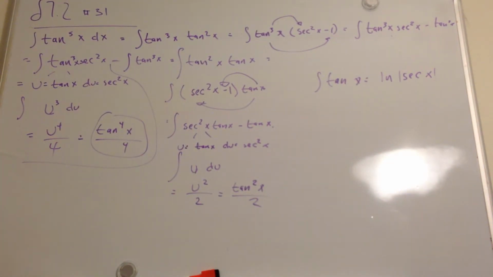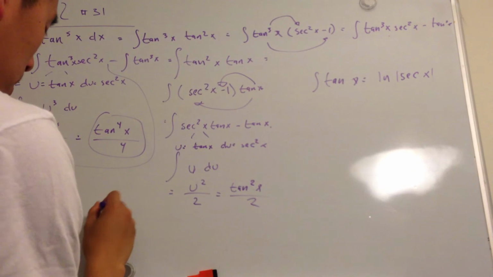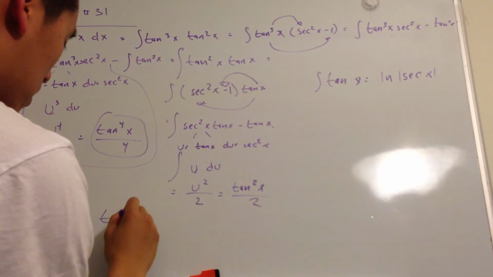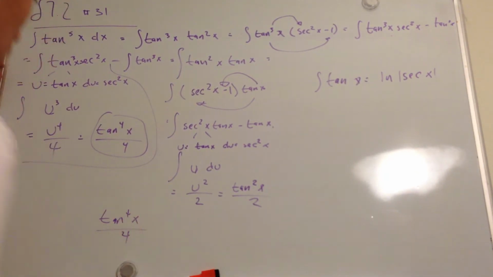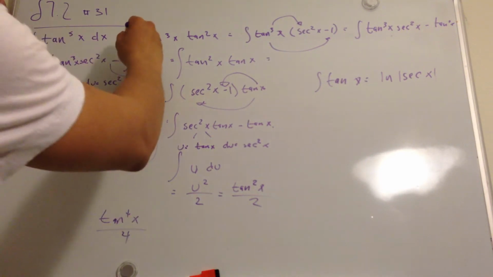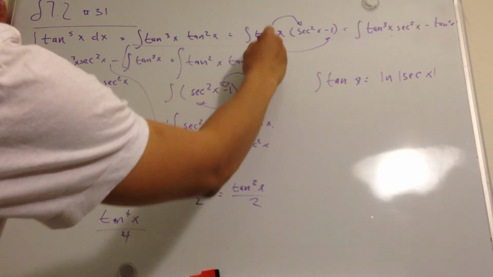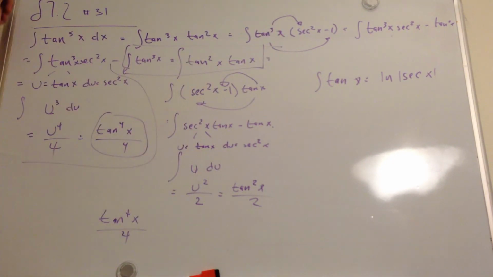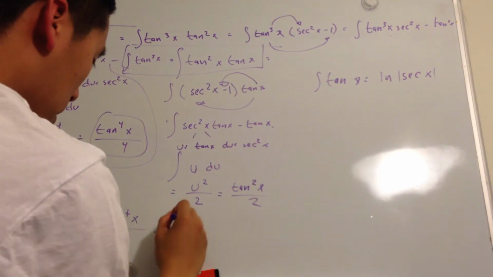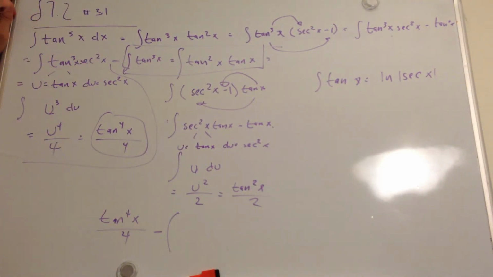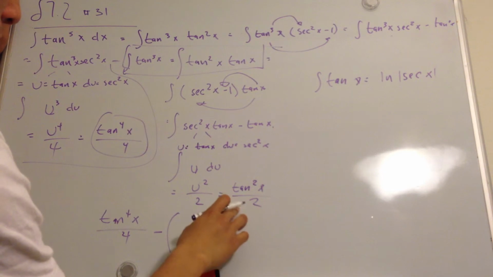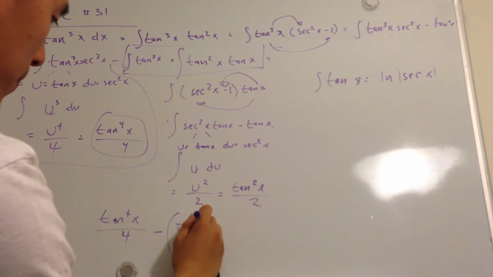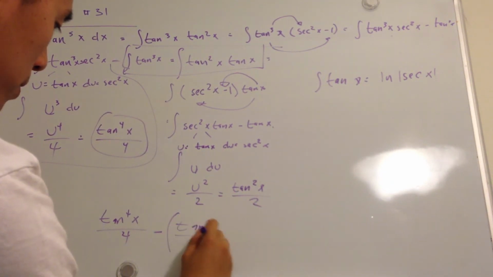So let's put this all together. We have tangent to the 4x over 4. And we got this whole part we have to subtract out, so we have tangent squared x over 2.